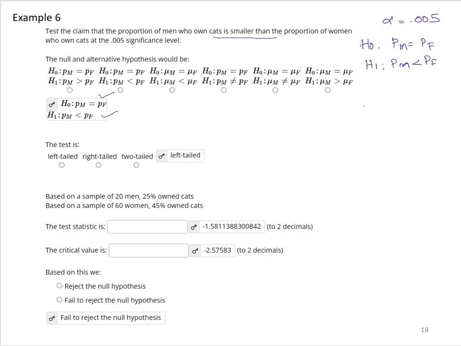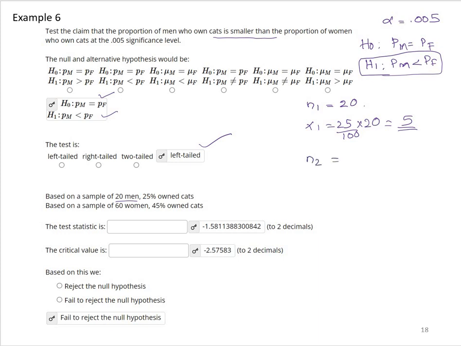The second question is whether the test is left-tailed, right-tailed, or two-tailed. As it is less than, we know that it is left-tailed. Now we want to find the test statistic, the Z value. For that we need N1 and X1. N1 is given to be 20 and X1 is 25% of that, so 25 over 100 times 20 is equal to 5.